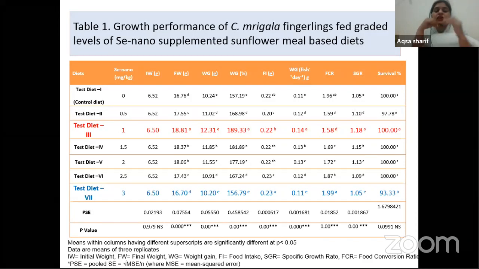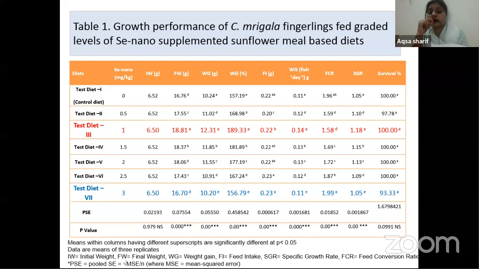If we add 1 milligram of selenium nanoparticles in the diet, then we will get a good weight gain. The initial weight of the fish was 10.24, and the final weight was 12.31 by adding 1 milligram of the selenium nanoparticles, and the weight gain percentage was 189%.